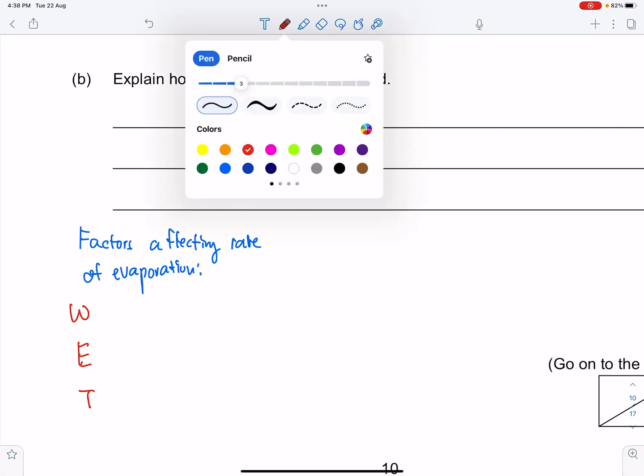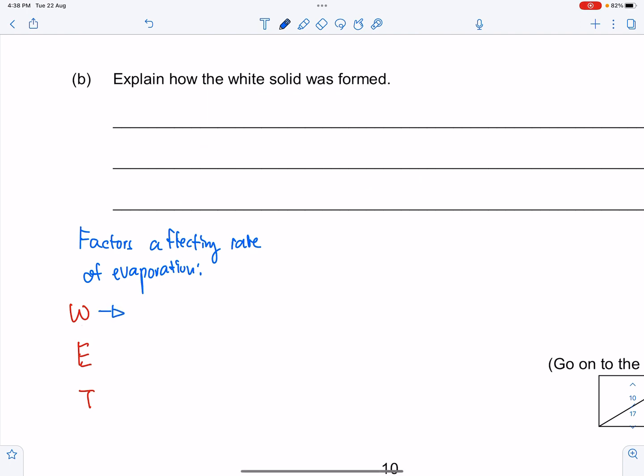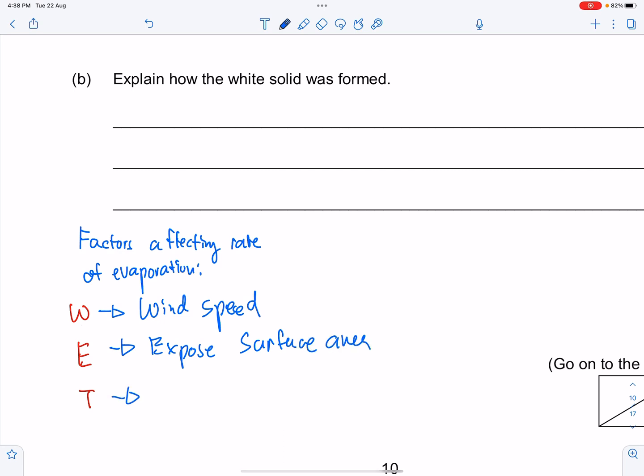W stands for wind speed, E stands for exposed surface area, T stands for temperature.